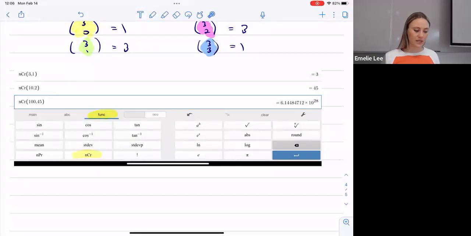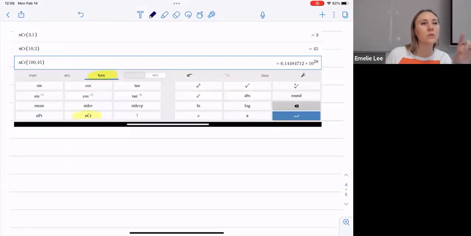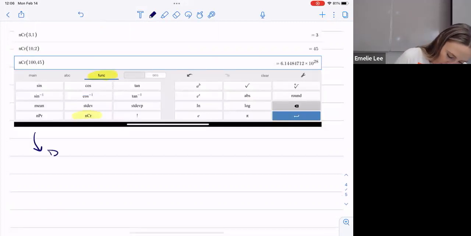But then, the Desmos calculator, because I think we've used the Desmos graphing calculator. And then there's a Desmos, so this is from the Desmos calculator. It's a free download. It doesn't have the choose function.